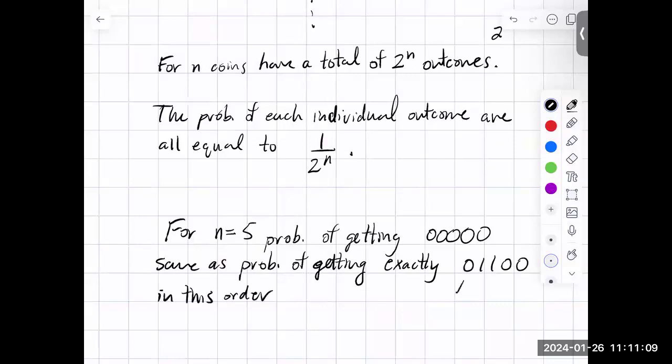And so just to be really explicit, this would be coin 1 has to be the tail, coin 2 has to be a head, coin 3 has to be a head, coin 4 a tail, coin 5 a tail. And you know, I could pick any sequence of 1s and 0s and the statement still is true.